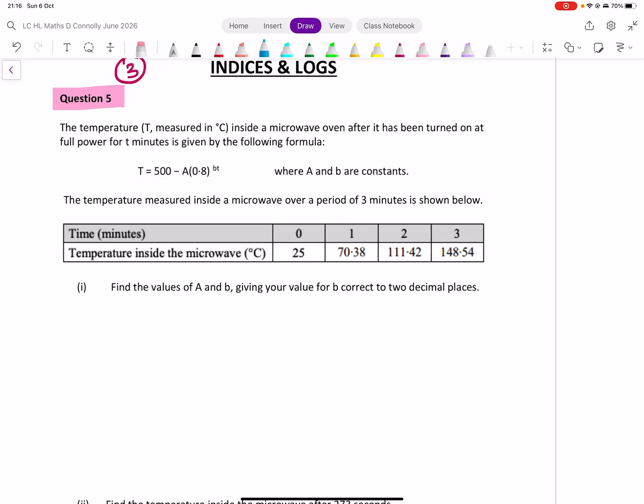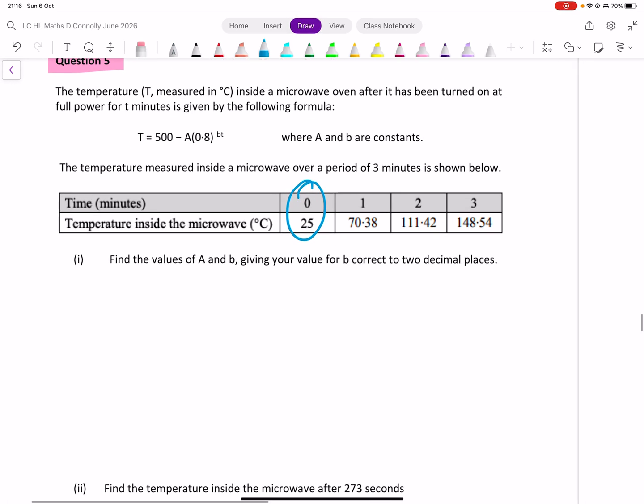Okay, so we always use this to find one of them because it eliminates a variable. So the temperature T is 25. 500 minus A times 0.8 to the b, and the time there is 0.